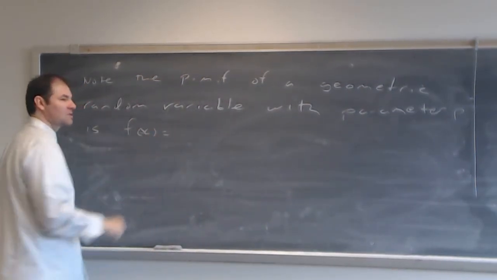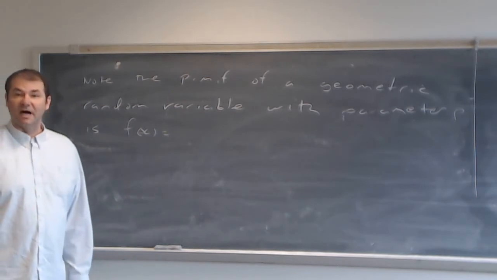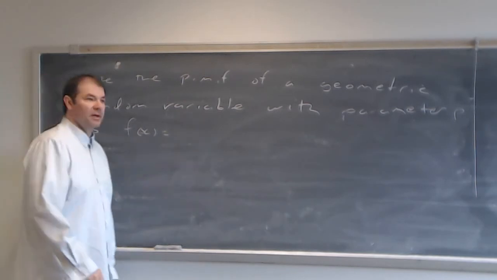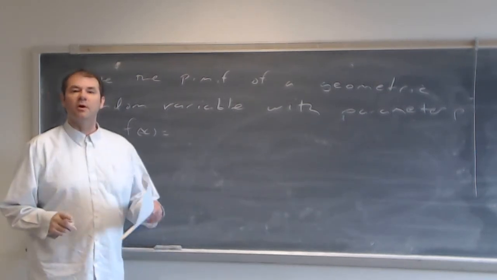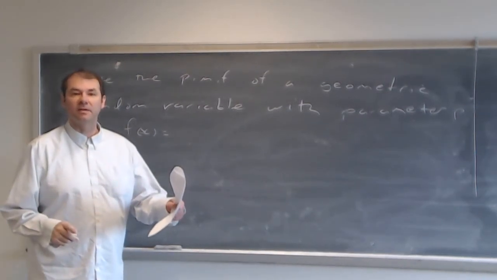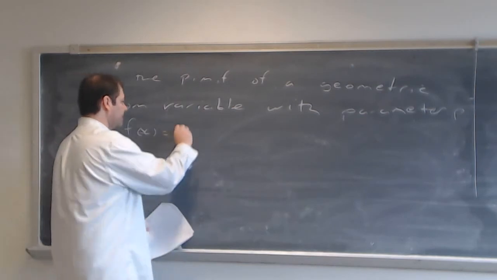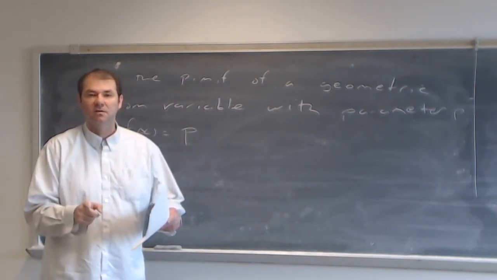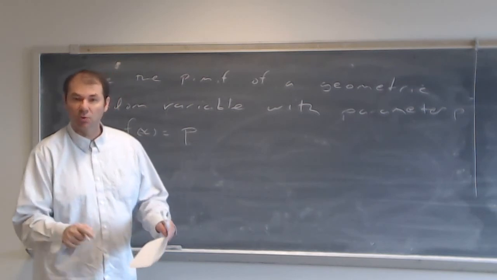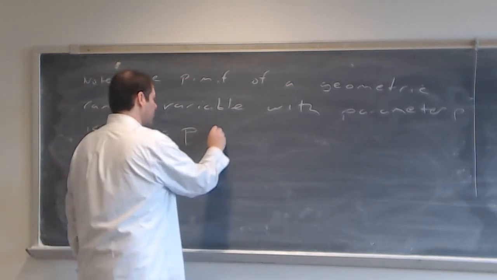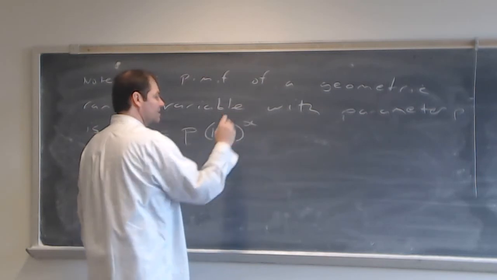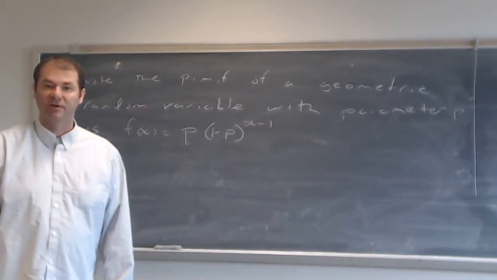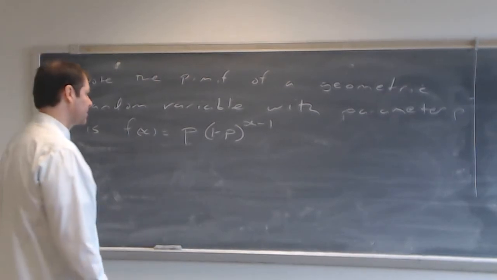Remember, this is the probability that it takes x number of times doing the experiment to get the first success. Well, here's what I think. What we know is that the last time we did the experiment, it was a success. The previous times we did the experiment were failures. The chance of each one of those previous ones being a failure is 1 minus p, raised to the x minus 1 for the number of trials that we did previously. We multiply those together because they're independent.